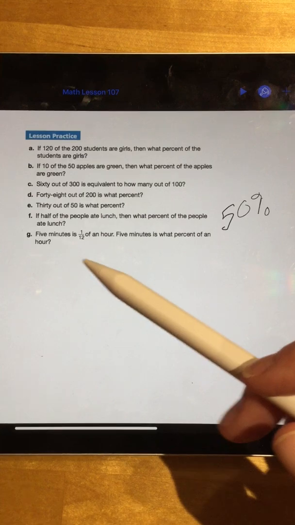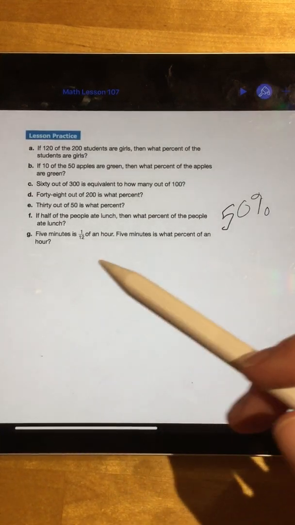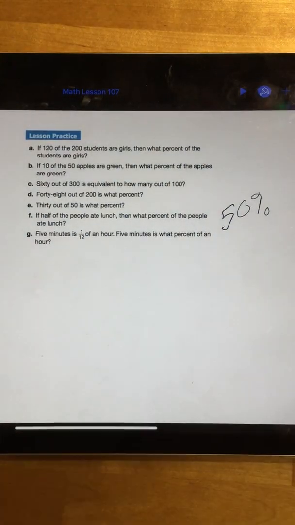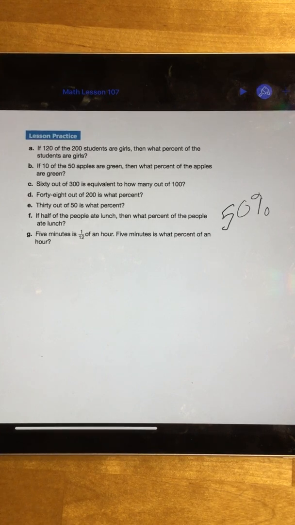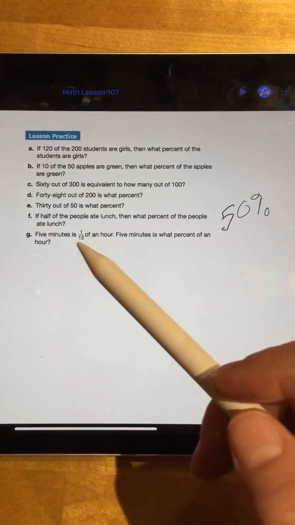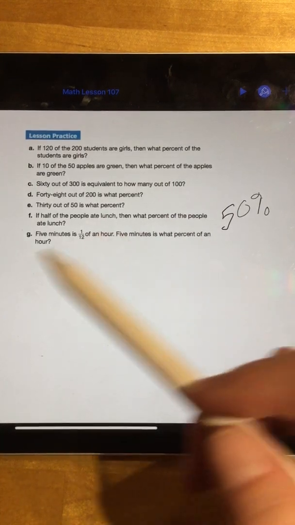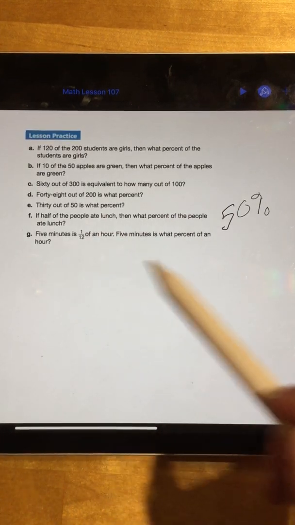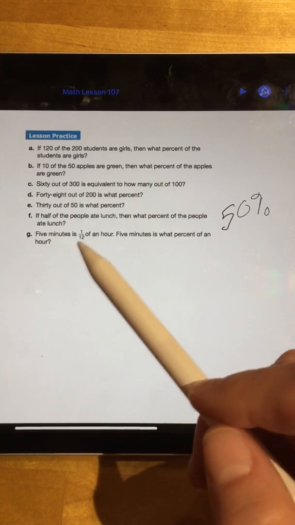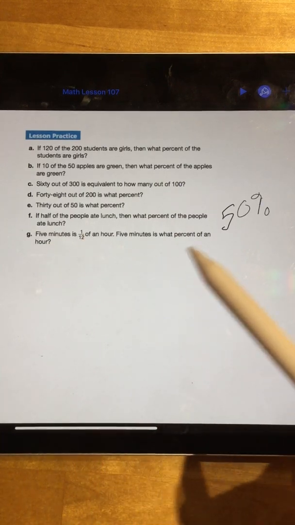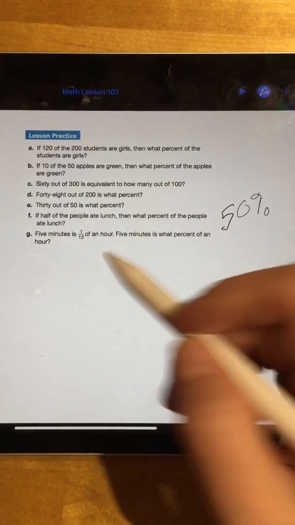All right, now our next problem has a few more pieces to it. So I am actually just going to do this one on the paper, okay? So 5 minutes is 1/12 of an hour. 5 minutes is what percent of an hour? So guess what?